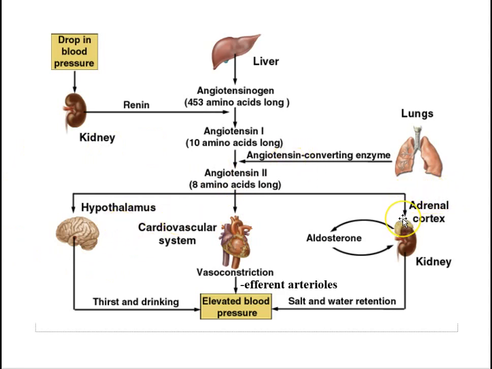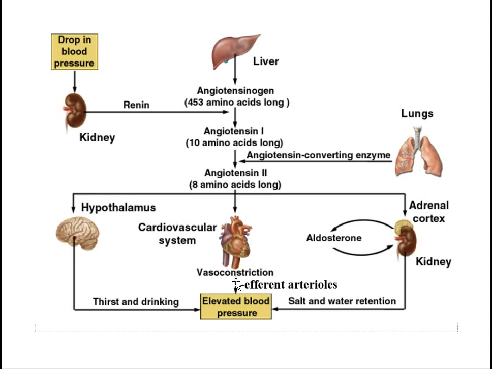It's going to go to the adrenal cortex, and it's going to say salt and water retention, and that's going to elevate the blood pressure. We're also going to go to the heart and do this thing called vasoconstriction, and that's going to make the afferent arterioles constrict too, and that's going to elevate blood pressure.